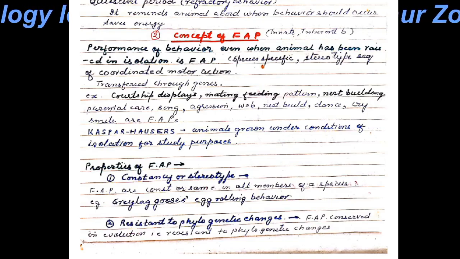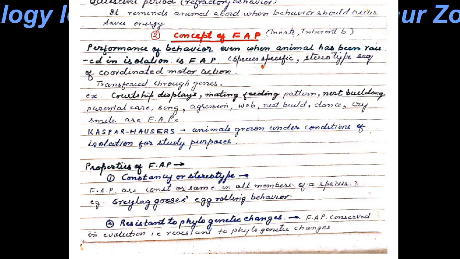But when they are presented in exaggerated quantity, then they are termed as supernormal stimulus. This exaggerated quantity of attributes leads to eliciting an exaggerated response than what is caused by the natural stimulus.